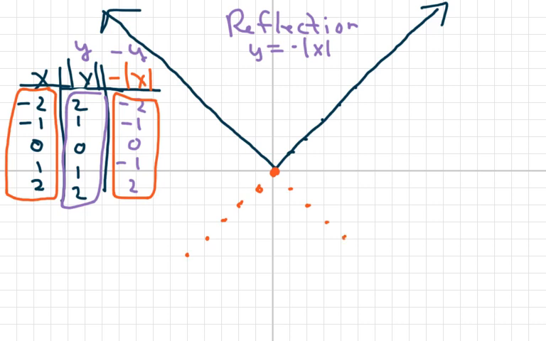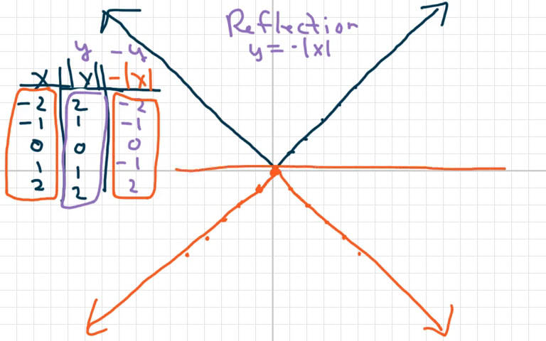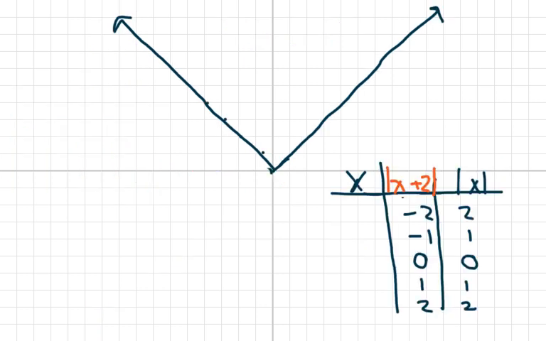But it's just like a slope of negative 1, and you just go down this way and go down this way. It's a reflection over the x-axis.